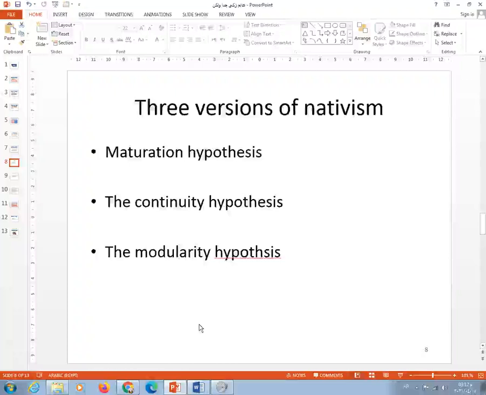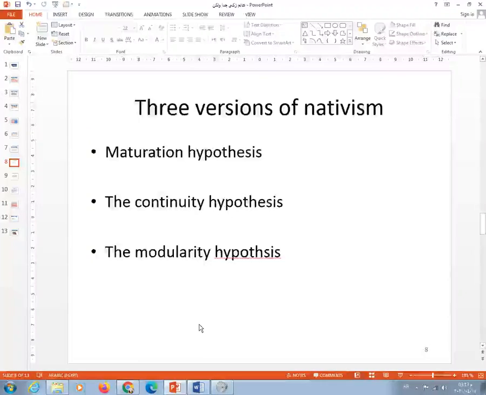So child's grammar is restructured every time the child learns something. So it's a continuous process, and some lexical and grammatical forms may be delayed until other forms are acquired, and until the UG principles can become operative in order to help children acquire this.